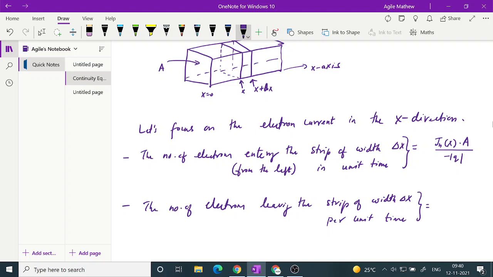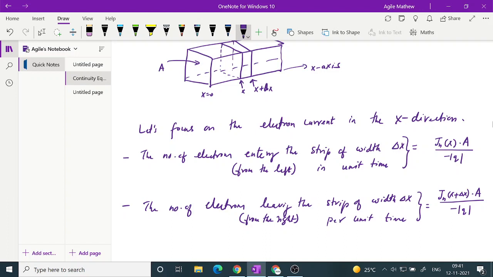Okay, so this is basically happening from the right, at the boundary x plus delta x. So this will depend upon the current density there, which is at x plus delta x. Again, multiply with the area. We assume that the area of cross section remains the same throughout the conductor, and that divided by q.